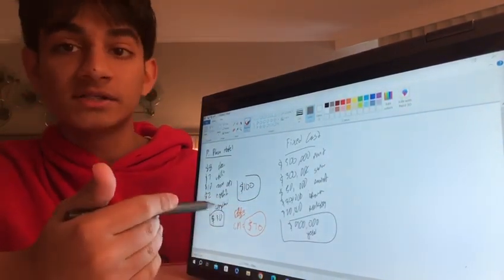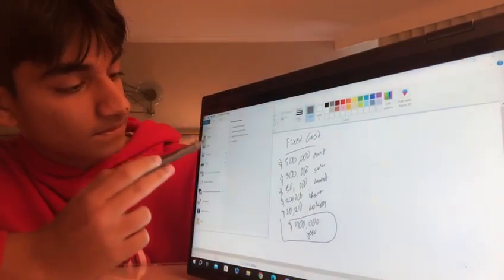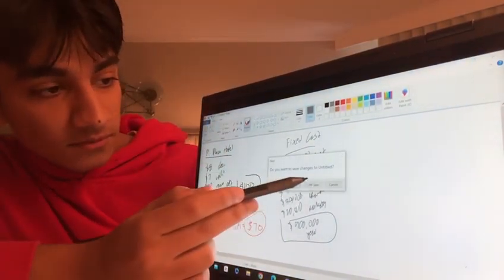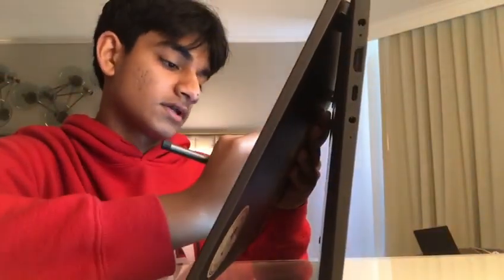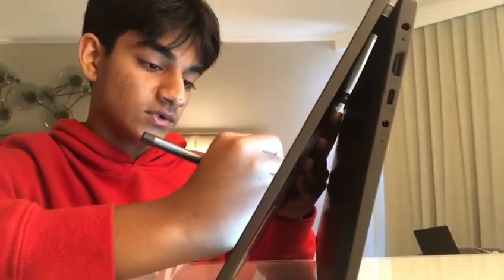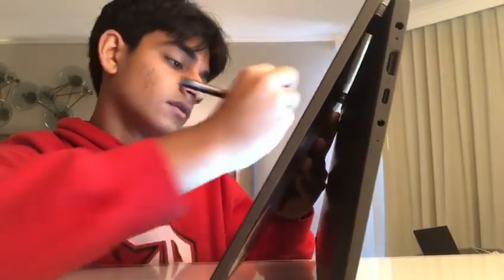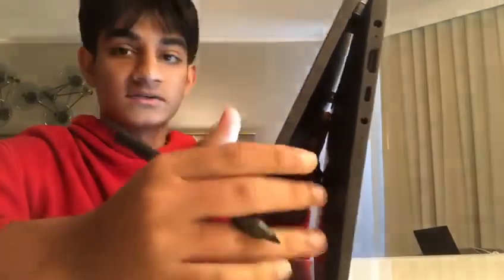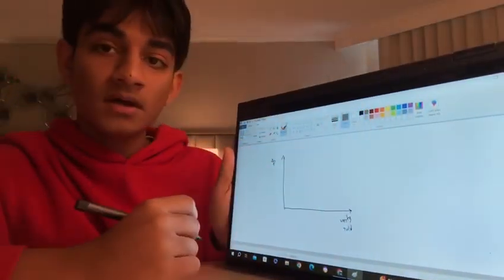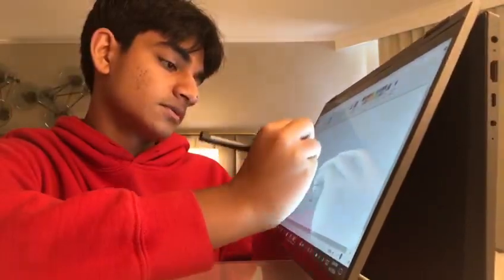So the way we actually look at them is on a graph. Let me open the graph here, and I'm going to draw our regular plane, and I'm going to call our horizontal axis units sold, and our vertical axis dollars. The first thing we can do is draw a line for the contribution margin.